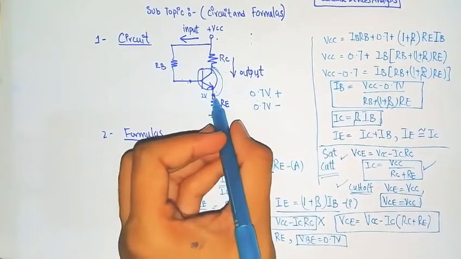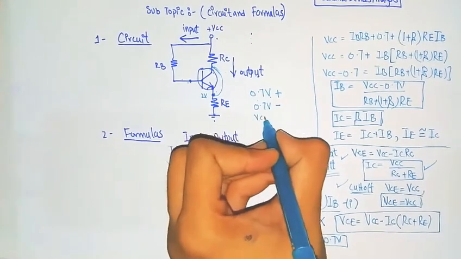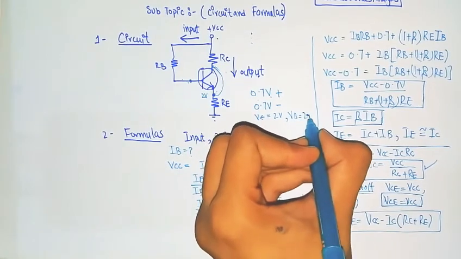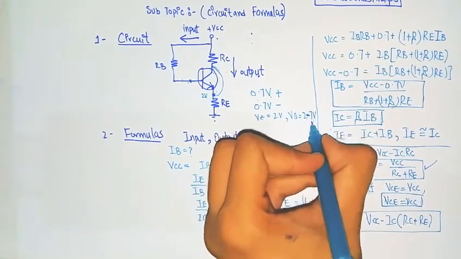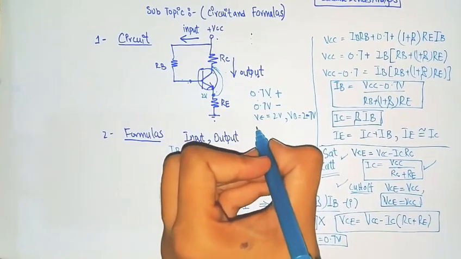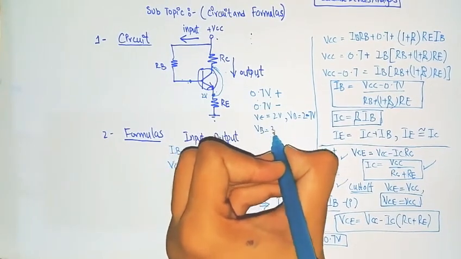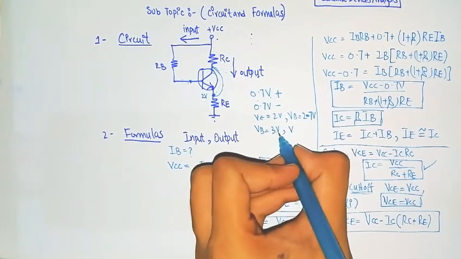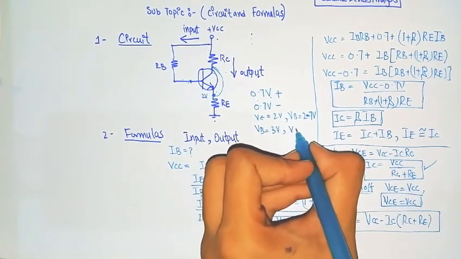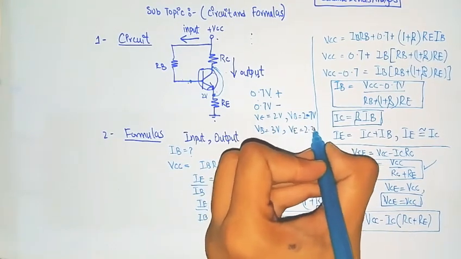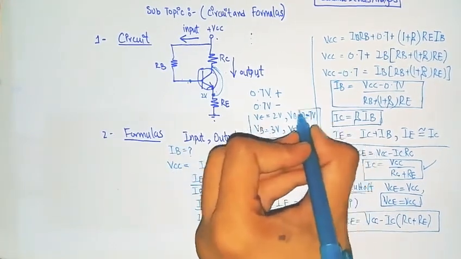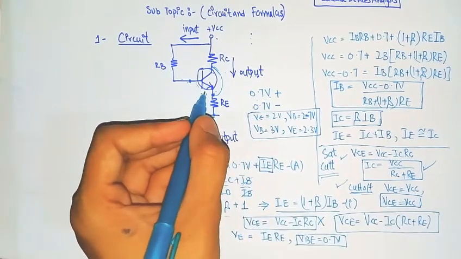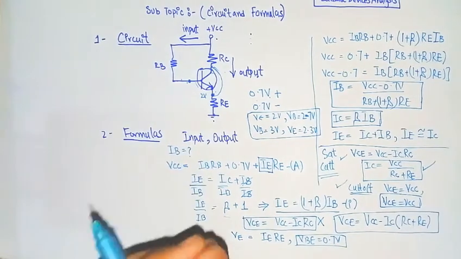For example, if VE is equal to 2 volts, your VB will be equal to 2 plus 0.7, which is 2.7 volts. But if VB is equal to 3 volts, then VE will be 3 volts minus 0.7 volts, equal to 2.3 volts. This is the relationship between RE and RB, because there is a junction present and this junction drops 0.7 volts.